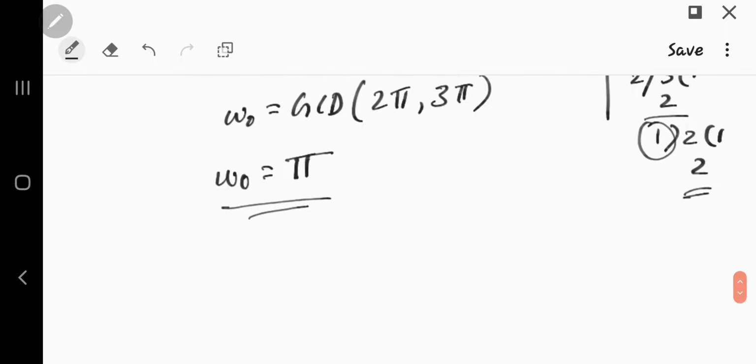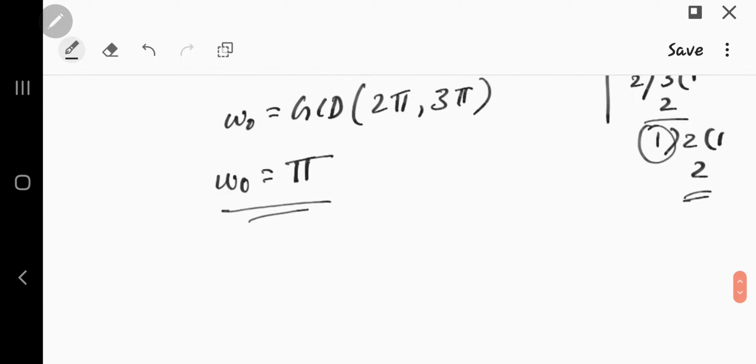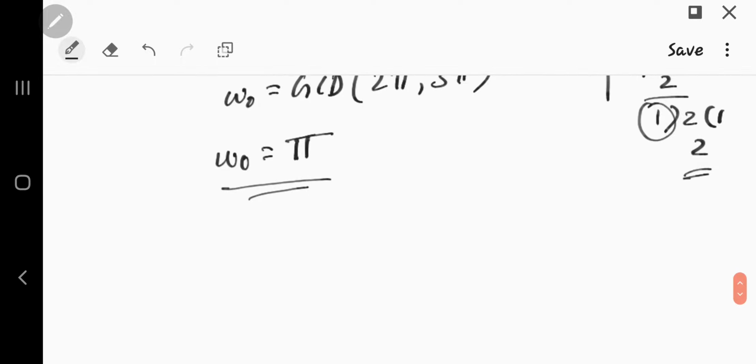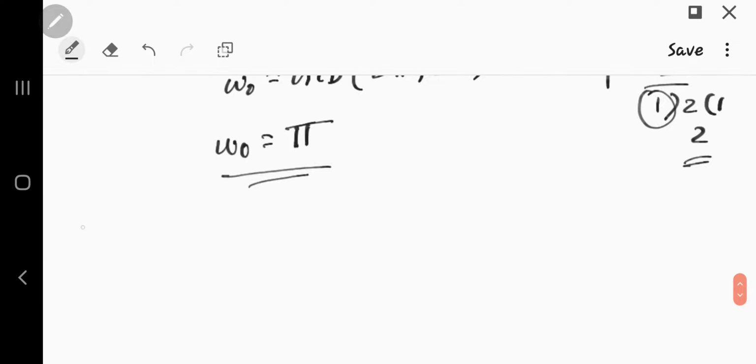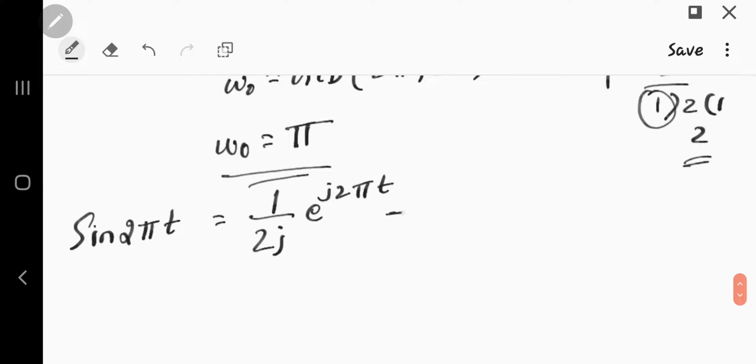Okay, so that will be our angular frequency. Now expressing these two, sine 2 pi t in terms of exponential, and cos 3 pi t. We can write sine as 1 by 2j e power j 2 pi t minus 1 by 2j e power minus j 2 pi t.